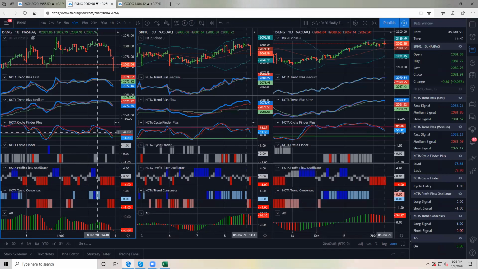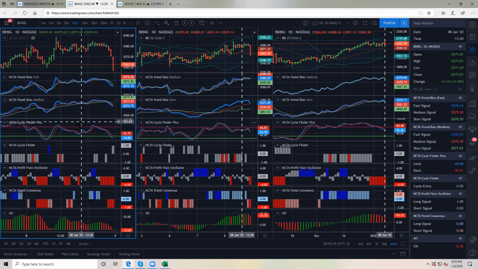It's giving you an earlier indication of when the cycle is about to shift. The trend bias is a more conservative, more aligned and confirmed trend shift, but it's going to get you into the trade later, generally.